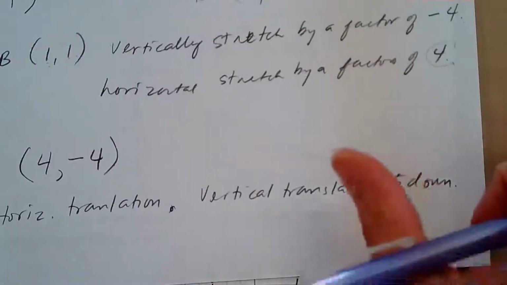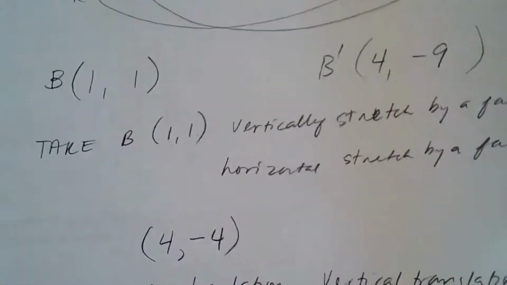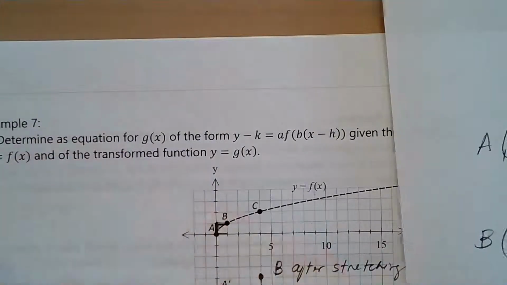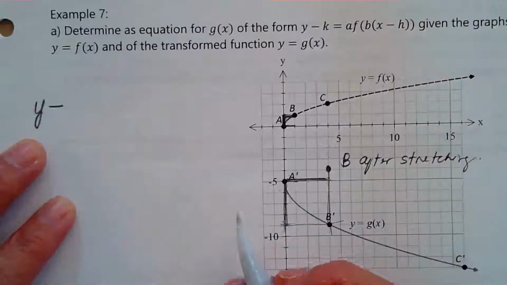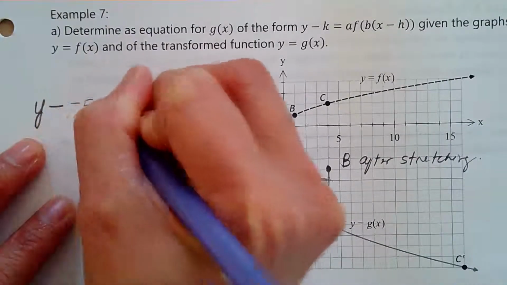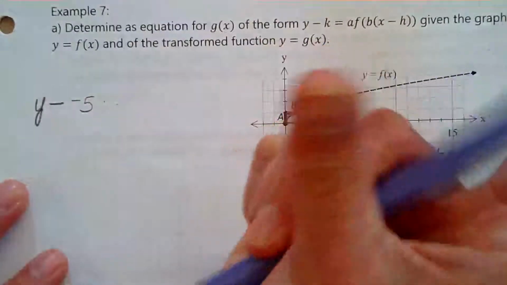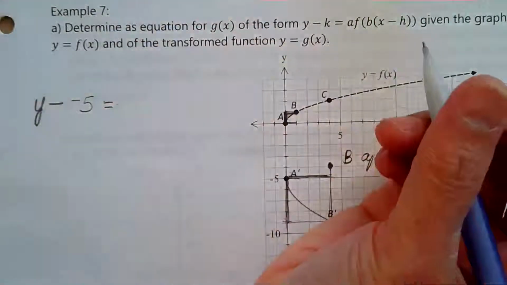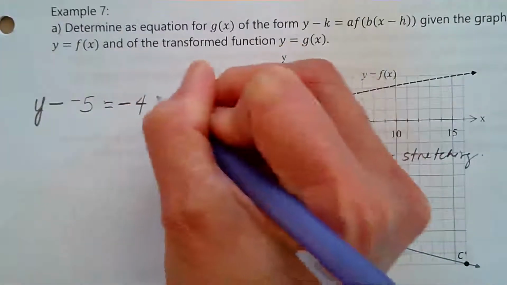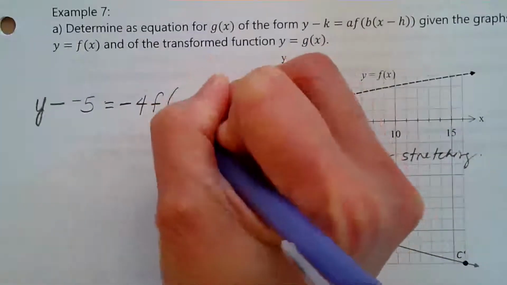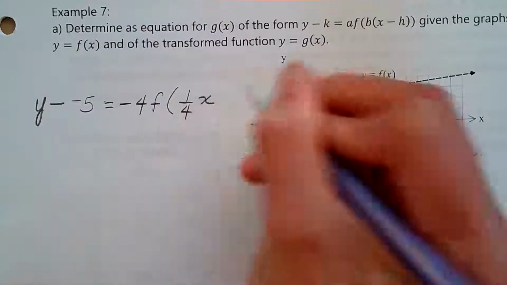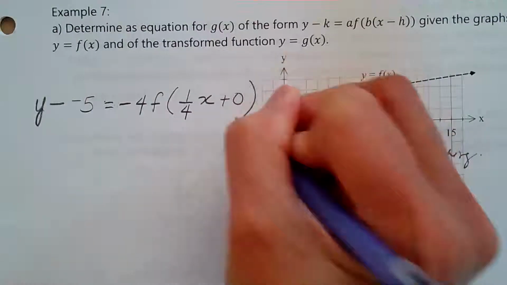So let's put it together. y minus -5, so it's y plus 5, equals A is -4, f of 1/4 x, plus 0.